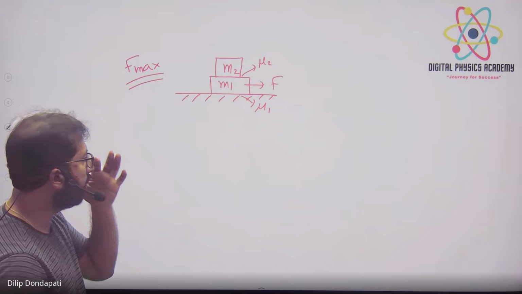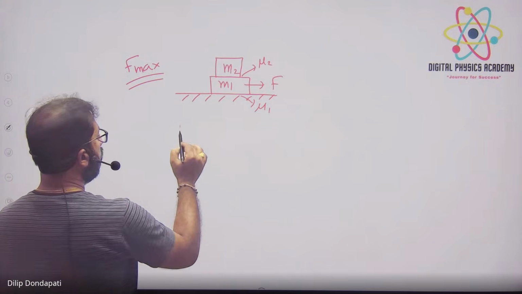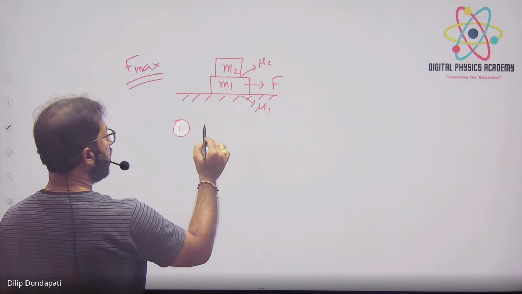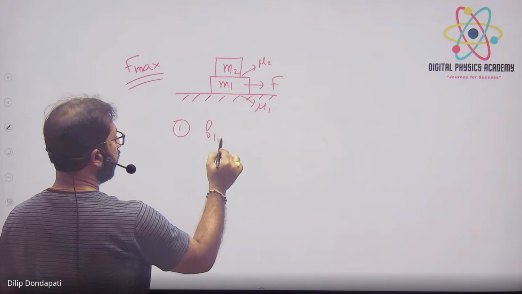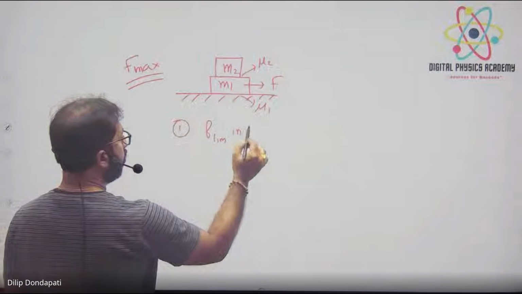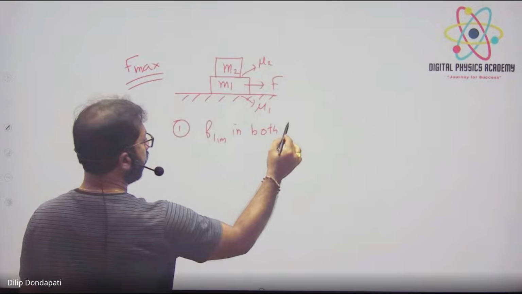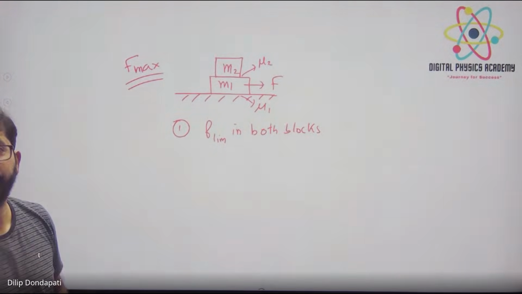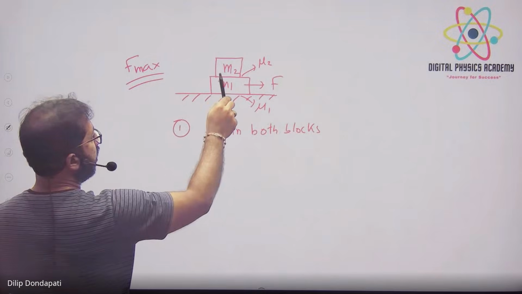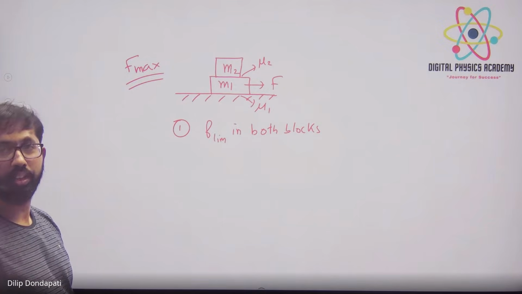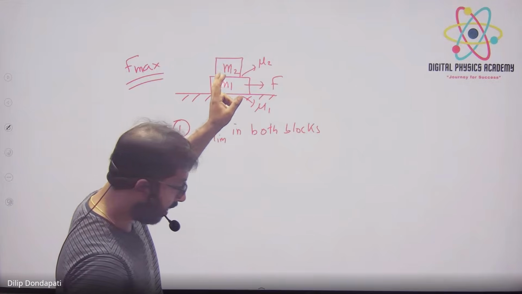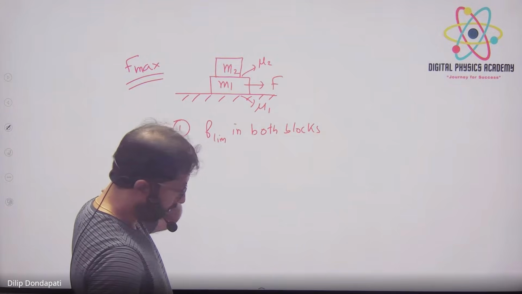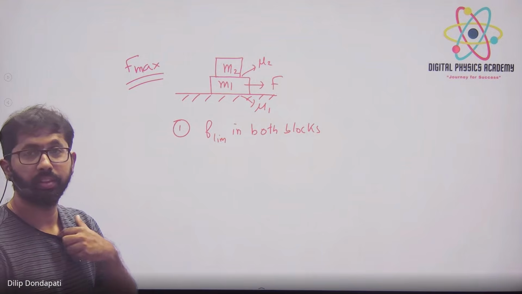Okay, so understand the method. First, try to find the limiting friction in both blocks. Calculate the limiting friction. Tell me, on M2, in which direction will friction act? That is important. Think: on M2, right side or left side? Right. You tell me, Krishna.